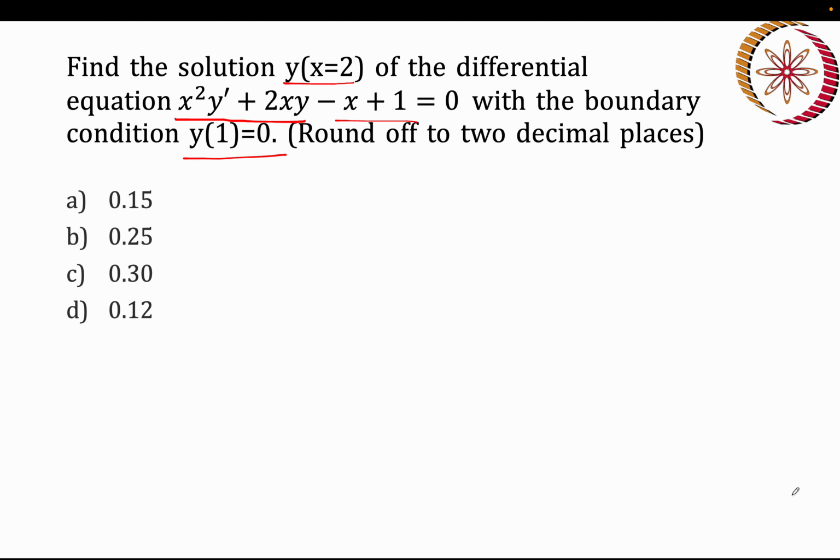Okay, so we can see that 0.25 is the correct answer. I think this is clear.